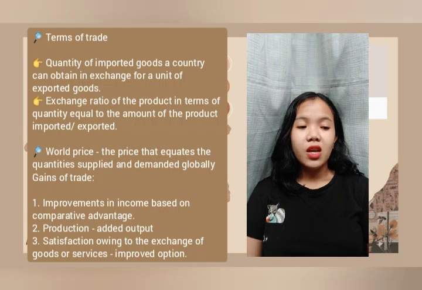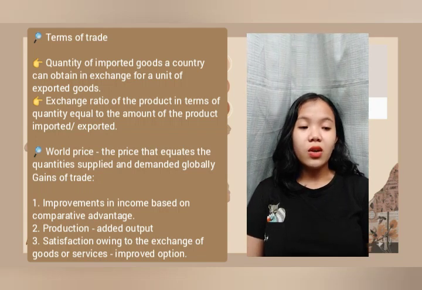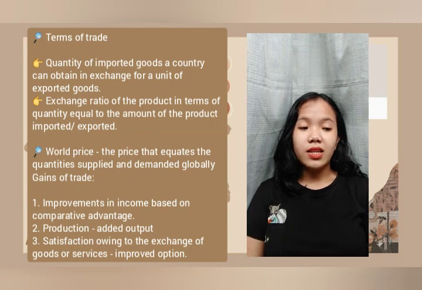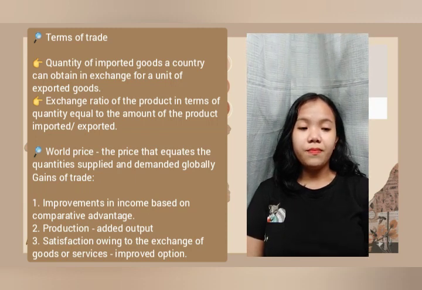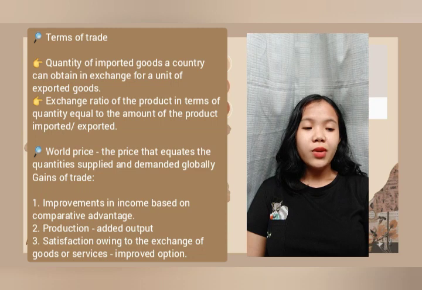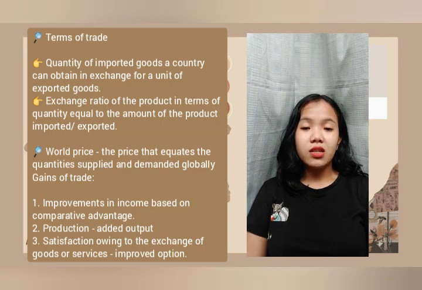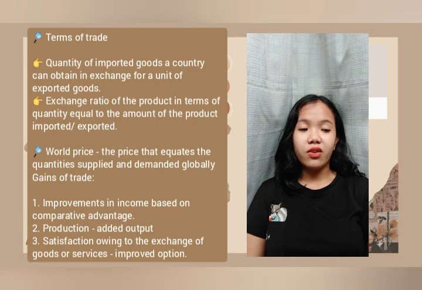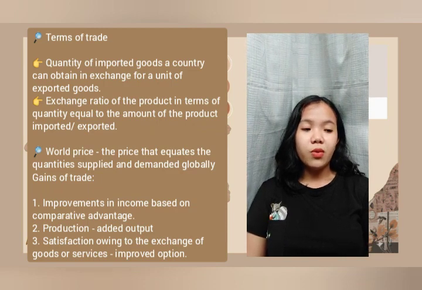World price: the price that equates the quantity supplied and demanded globally. Gains of trade: number one, improvements in income based on comparative advantage; second, production, added output; third, satisfaction owing to the exchange of goods or services, improved options.